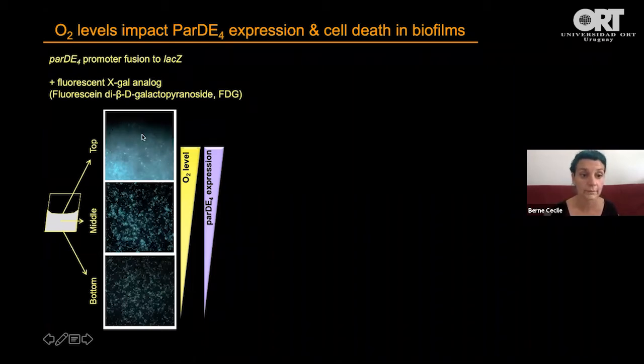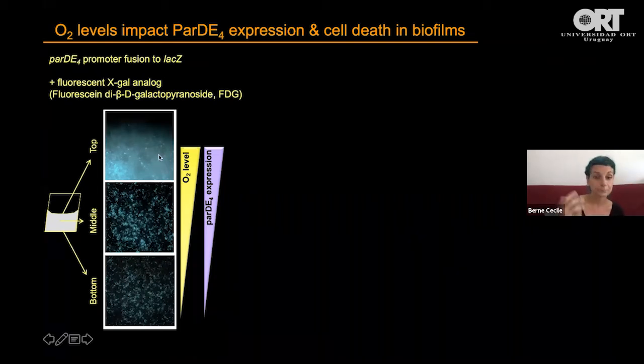Here we've got the biofilm, and here is just the air above the medium. Then we are also looking at the middle of the biofilm, where we presume the oxygen level is in between. And we are looking at the very bottom of the biofilm, where there is less oxygen available.